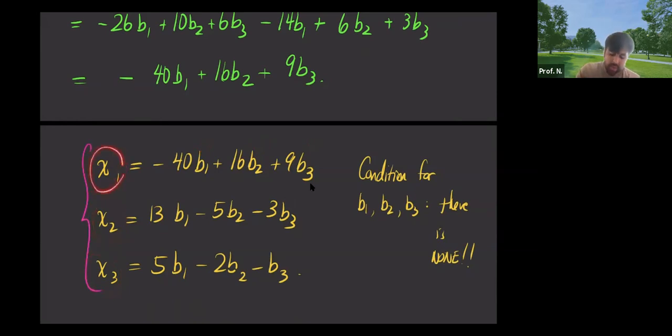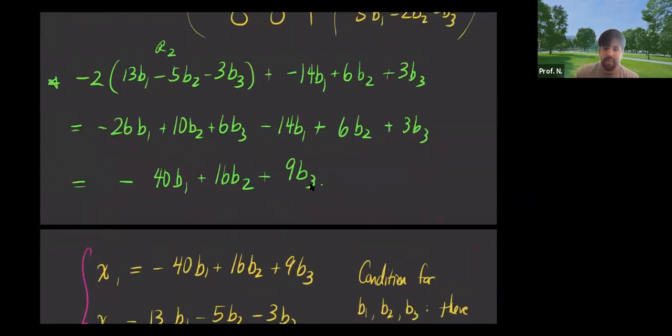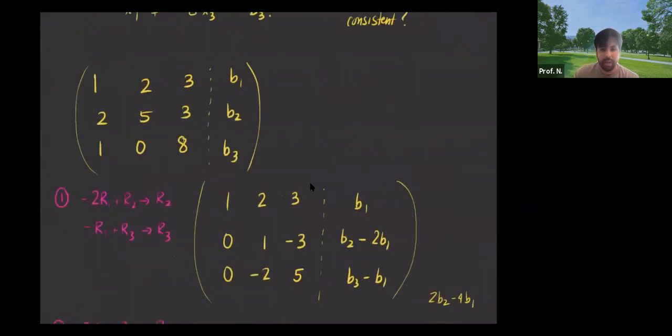It's just that the solutions will exist in a very specific manner, right? The moment you say this is 2, this is 5, and this is 10, x1 is defined, x2 is defined, x3 is defined immediately. But the question was, what are the conditions for these values of b? There is none. So for invertible matrices, there is no condition. It works for every b value that you choose. It works for every single one.